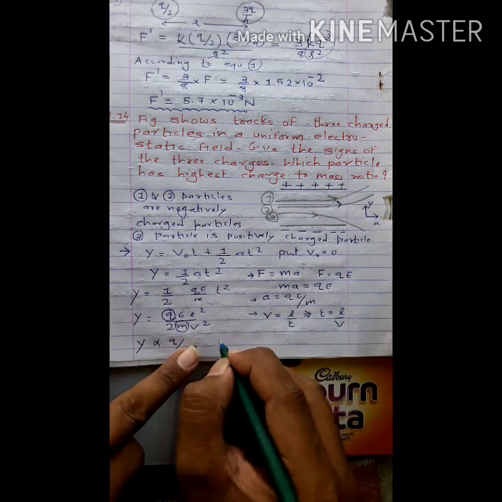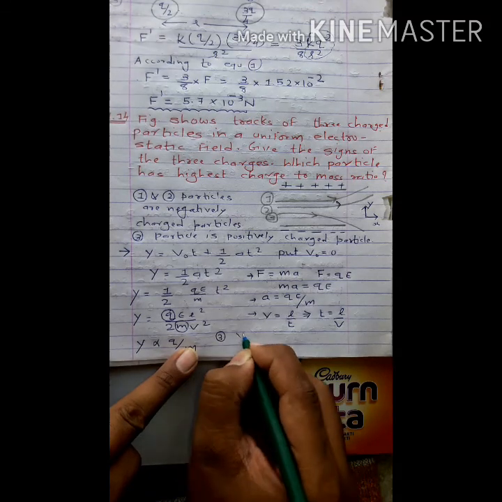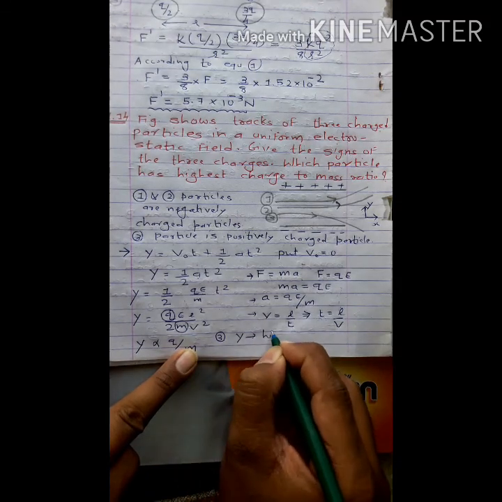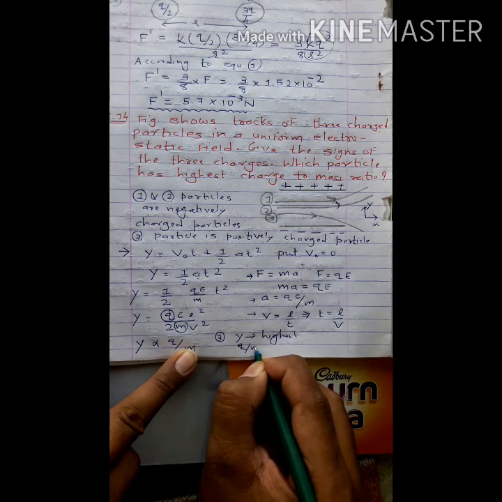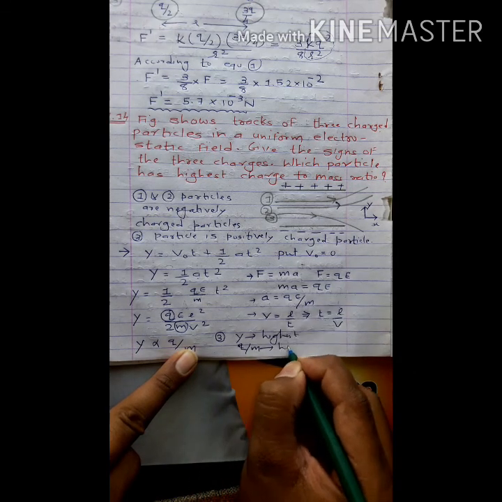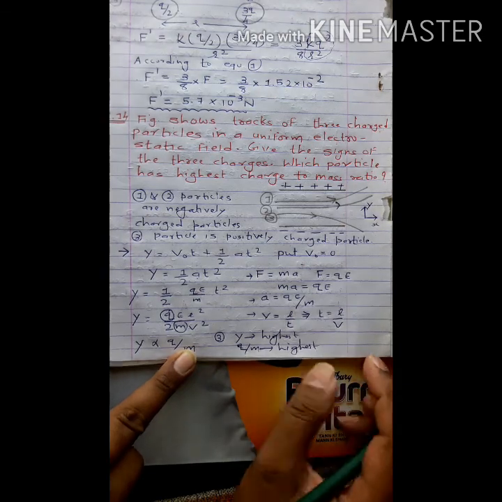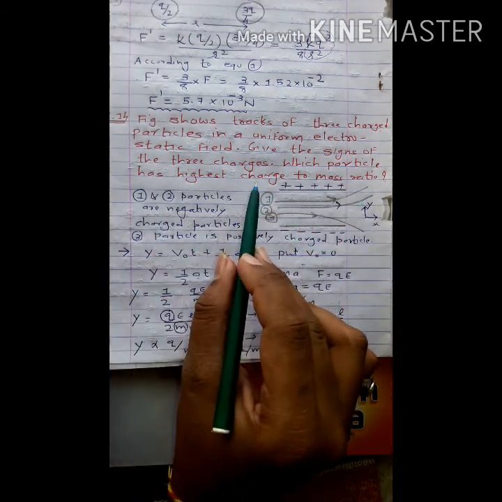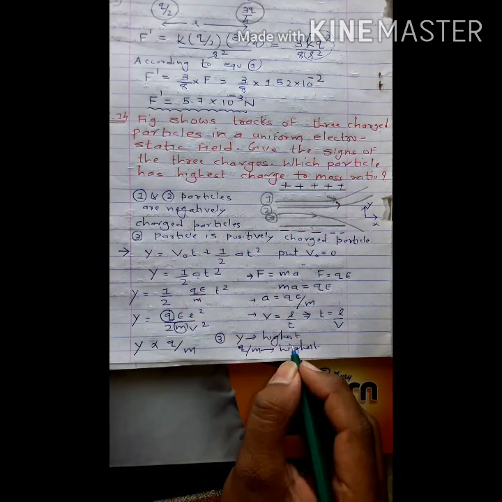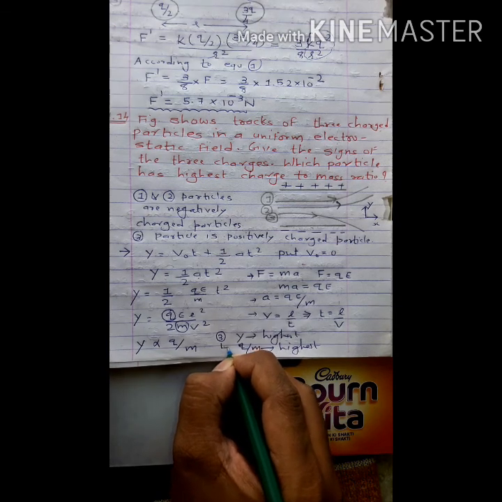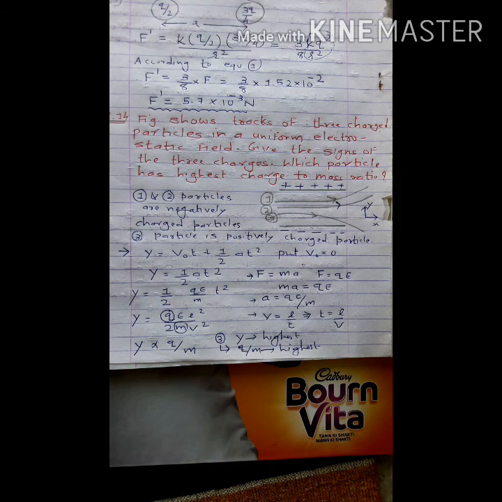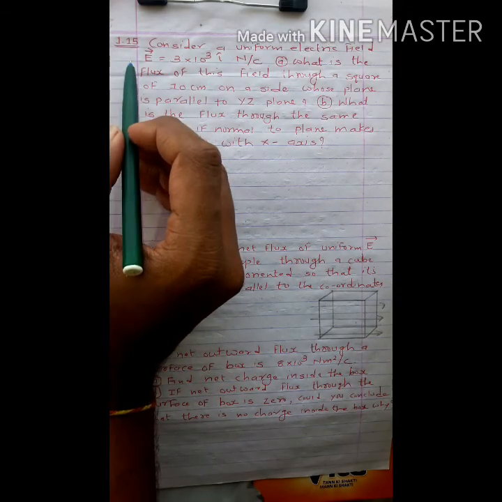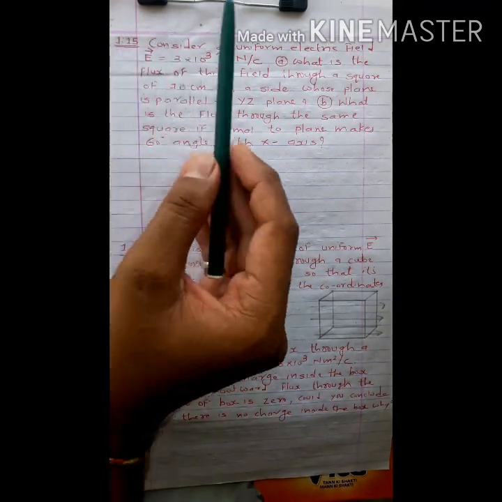So for the third particle y is highest, therefore the Q by m ratio is also highest. Which particle has the highest charge to mass ratio? The third particle.